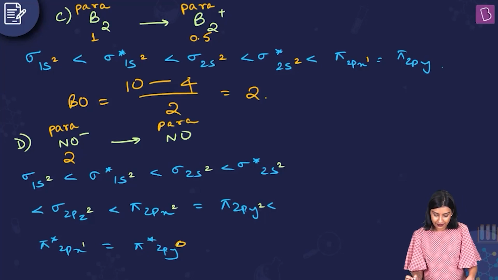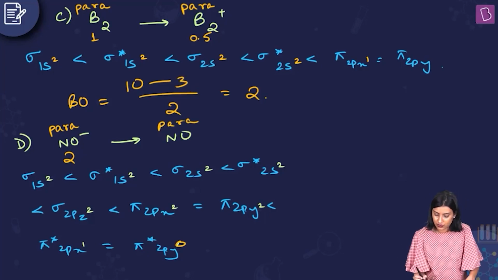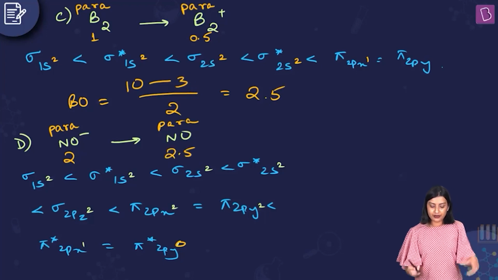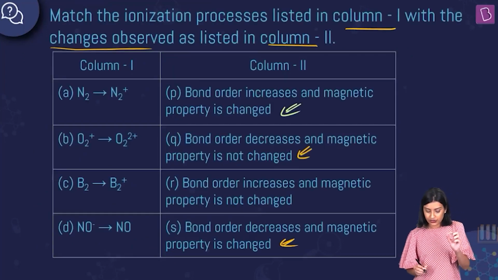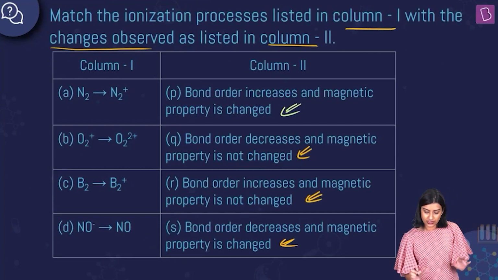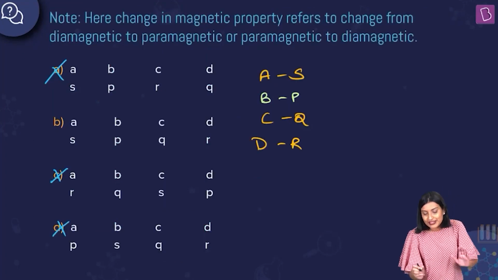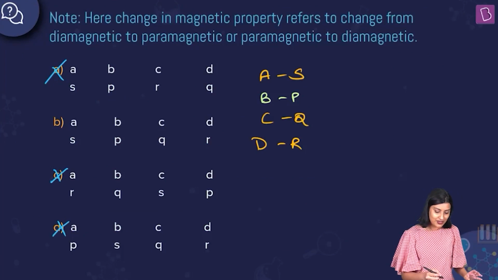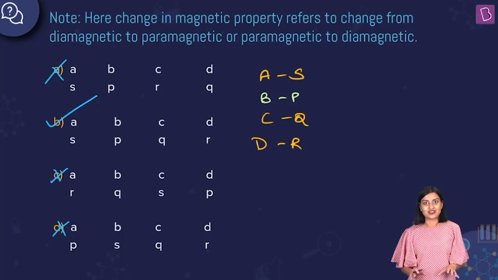So what you will get here is 2.5. Bond order increased, but magnetic behavior is still the same, which is option R. So D goes with R. We already knew this, we were just confirming. So option B is going to be the right answer to this question.